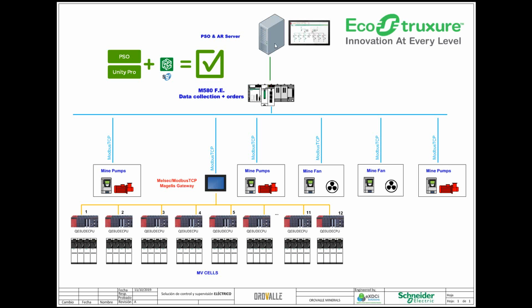In comparison to the systems where normally the SCADA directly accesses the devices, in this case the only access that the SCADA has is to the information coming from the PLC.